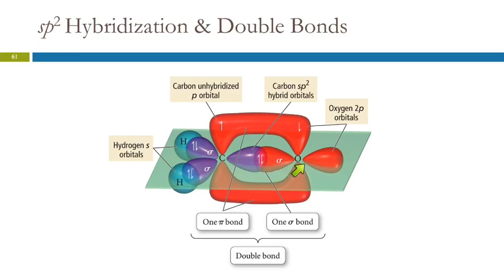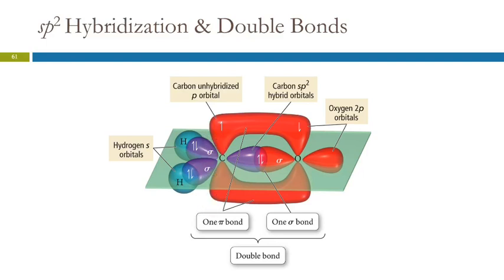The unhybridized p orbital is going straight up and down. It's perpendicular to the hybrid orbitals. And this oxygen also has a perpendicular p orbital. This is half-filled, that's half-filled. These 2 can overlap, though they do so in kind of an awkward sideways manner. Remember that in this p orbital, the electron is on both sides of the nucleus at the same time, because it's a wave.